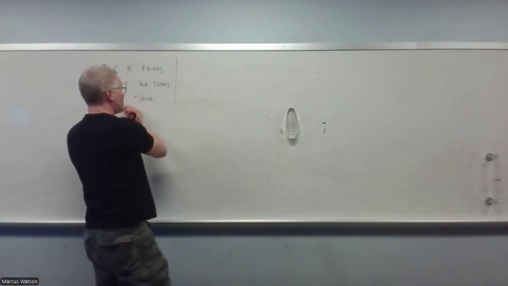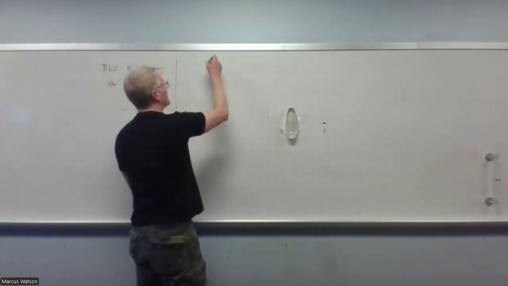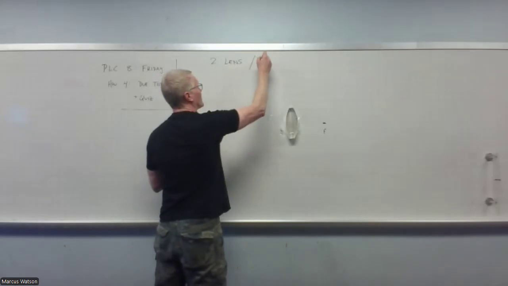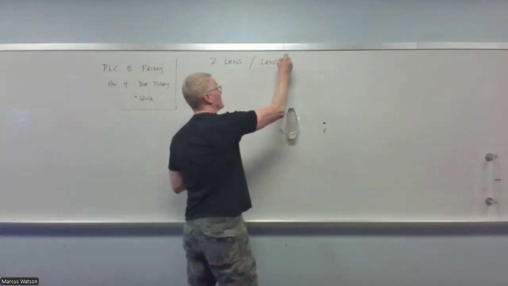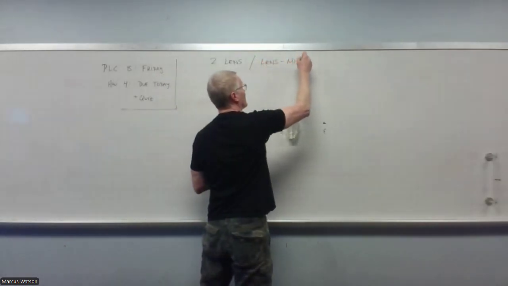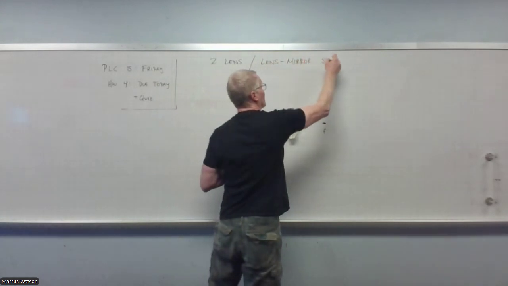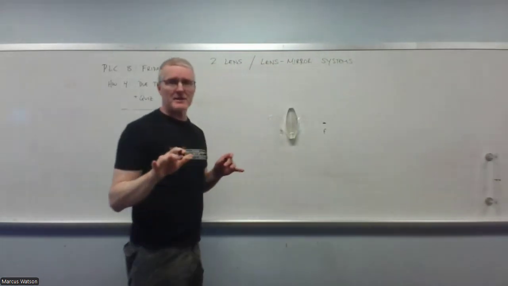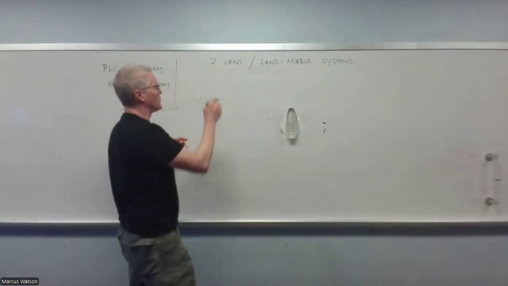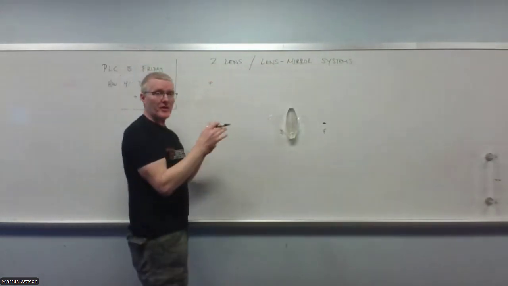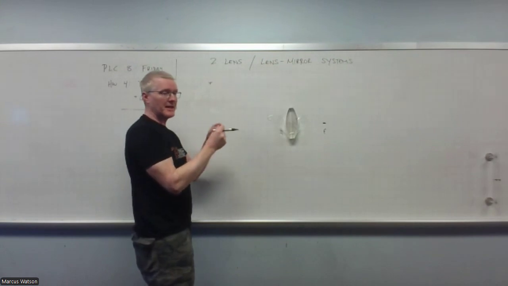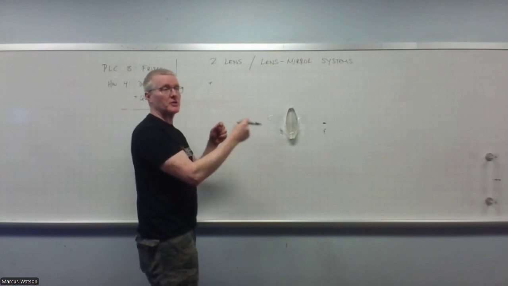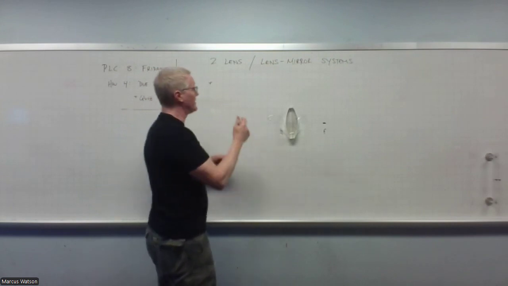So the basic idea behind either two lens systems or lens mirror systems is that we still analyze them exactly the same way as if we had nothing else there. We take them individually, use a single lens or a single mirror, use the object and the focal length, find the image, and use that image as the object for the next thing.